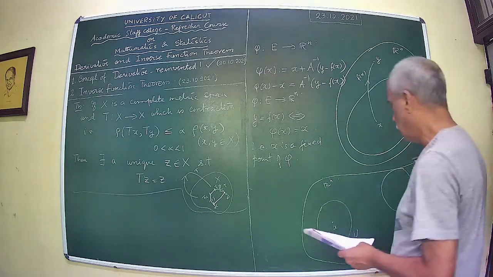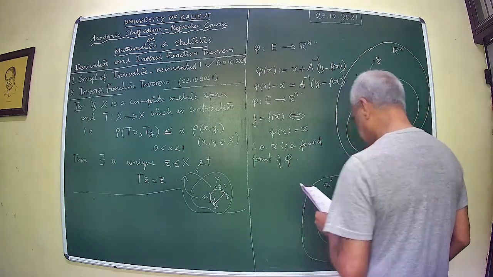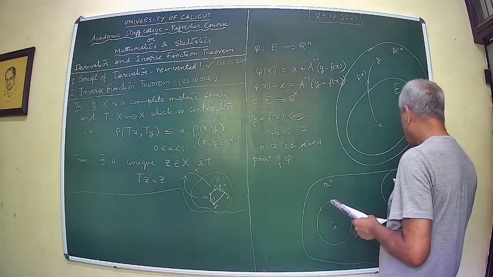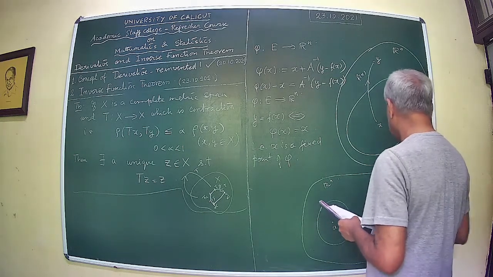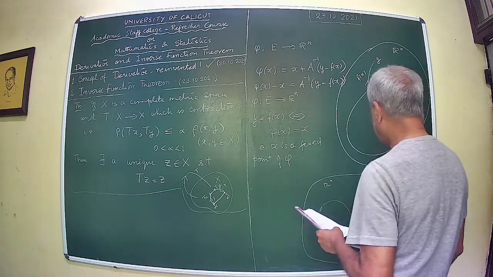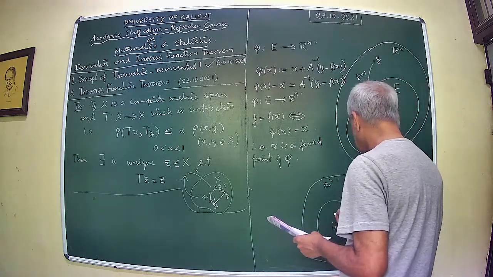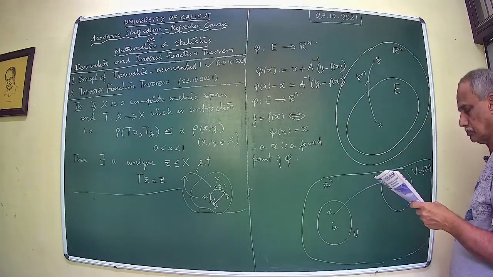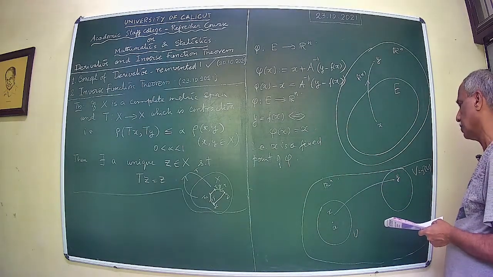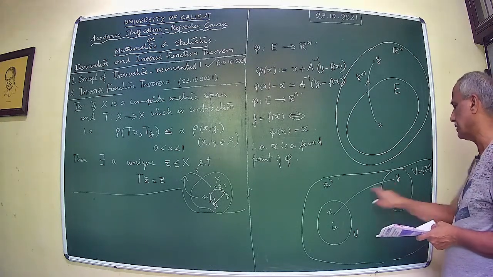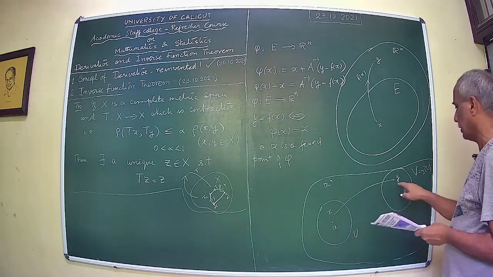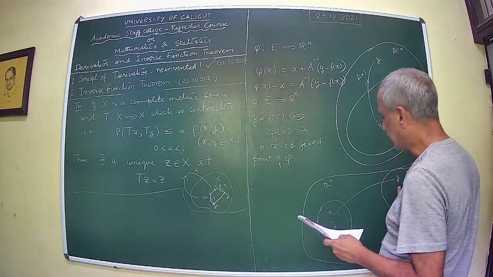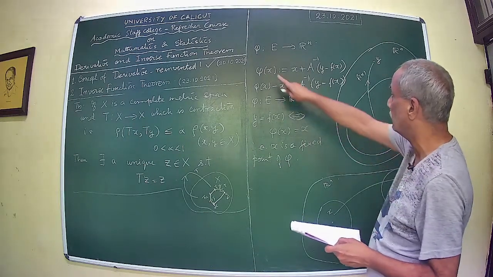Okay. What you do is you are taking up a point y in V, you want to show that there exists an x. Okay? So existence of x is to be established for a given y. And you see that you introduce this following map.